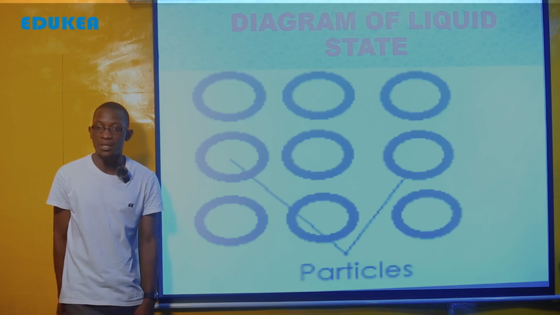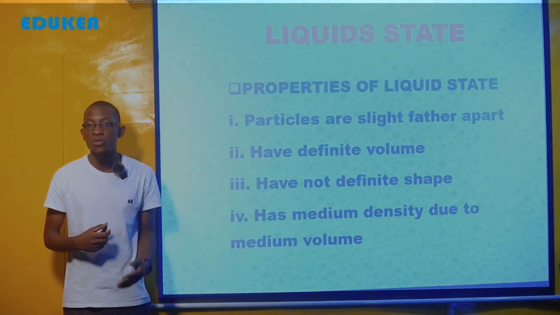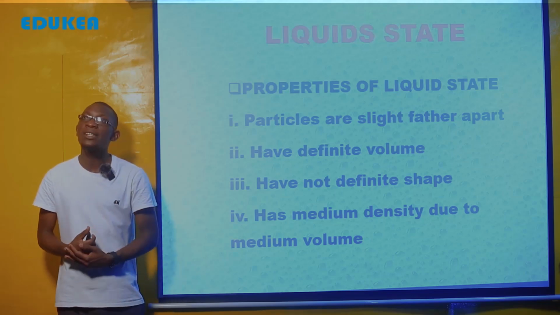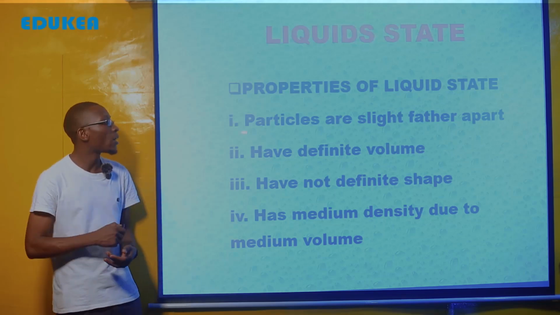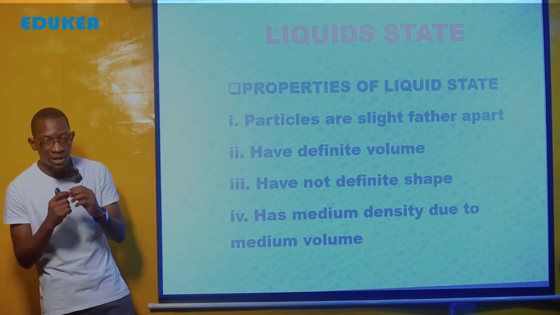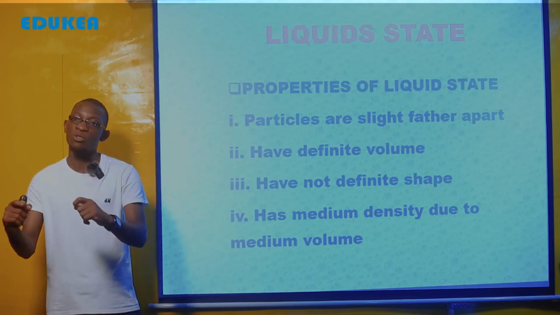Sifa au properties of liquid state. So liquid state inakuwa ina sifa zipi? Ya kwanza, the particles are slightly further apart. Kwamba zile particle zake zimeachana kidogo. Have definite volume.